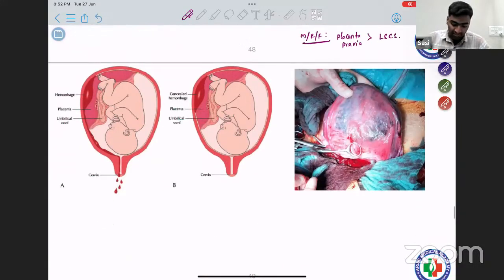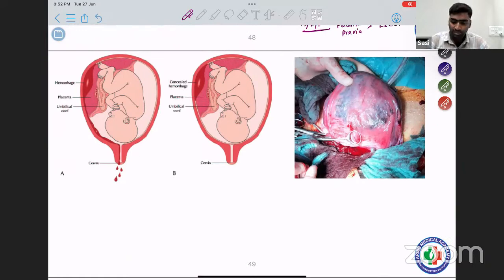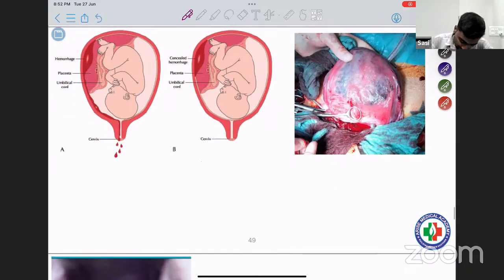Next one. Then we'll look at some other things, which is abruptio placenta. We know abruptio placenta is due to the premature separation of the placenta. And there will be two types.